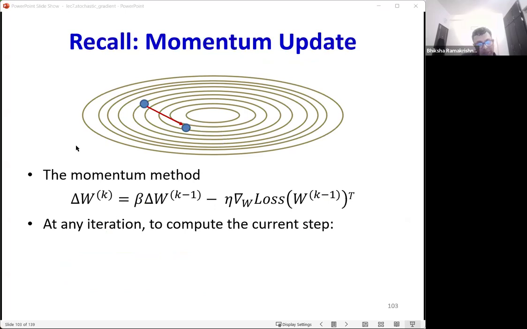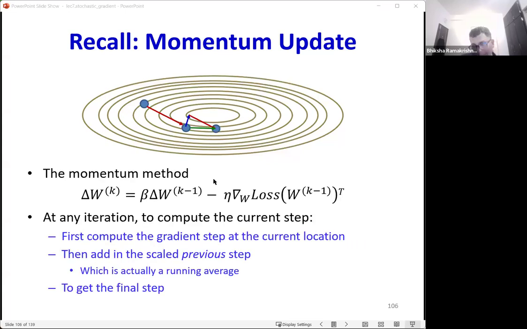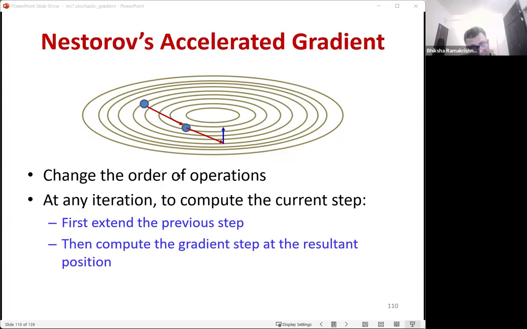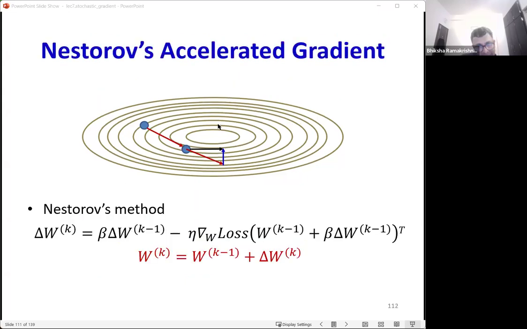It's called momentum because for the current correction, it's almost as if you're maintaining a momentum from previous corrections. And yeah, momentum can reduce the randomness of SGD. And Nesterov's update rule is an improvement on that because you continue with the momentum and then take the gradient step.